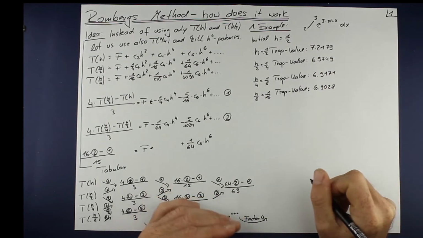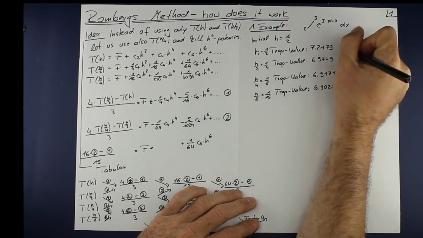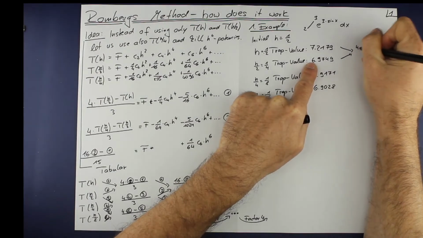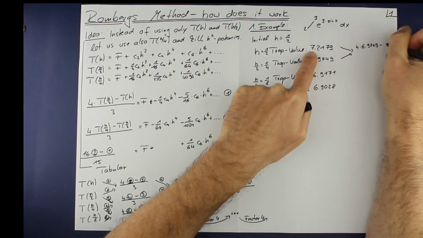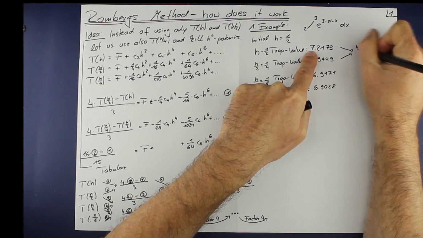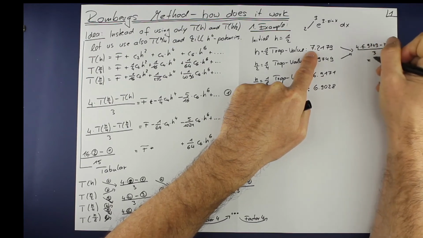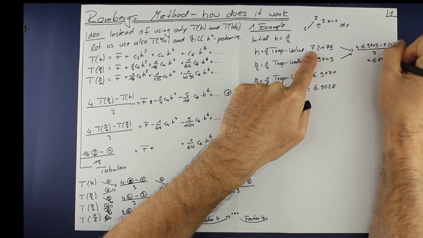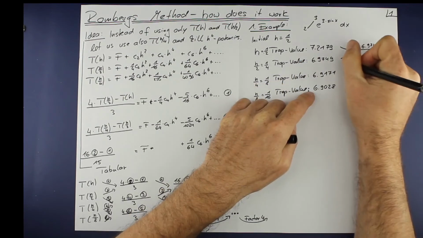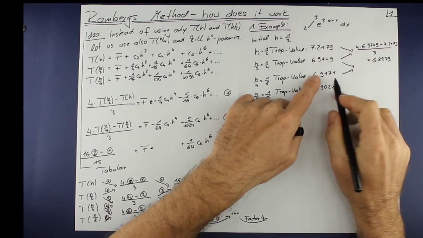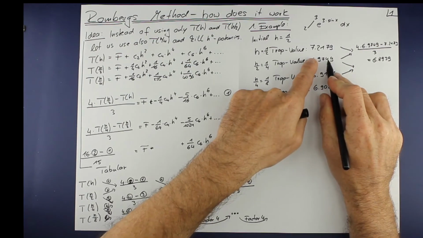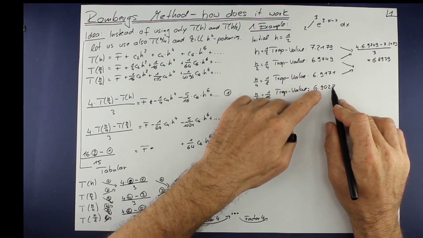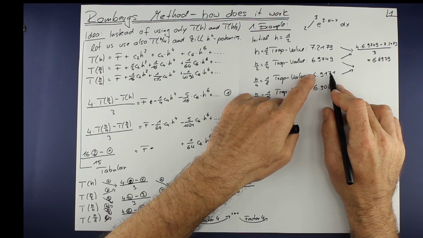And now let's apply Romberg. Here, what do we do? We multiply 4 times this value minus this value divided by 3, and then doing so using electronic help, we will get 6.8939. And then we do the same here again, 4 times that value minus that value, divided by 3, 4 times that value minus that value divided by 3.